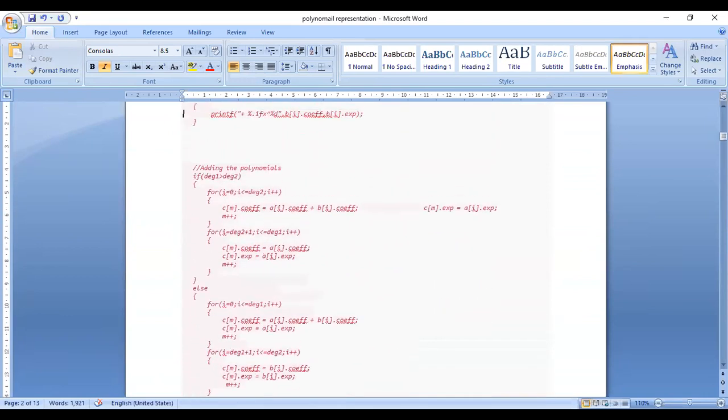So you can see if degree of 1 is greater than degree of 2, for i is equal to 0, i less than degree 2, i plus plus, c of coefficient is equal to a of coefficient plus b of coefficient.